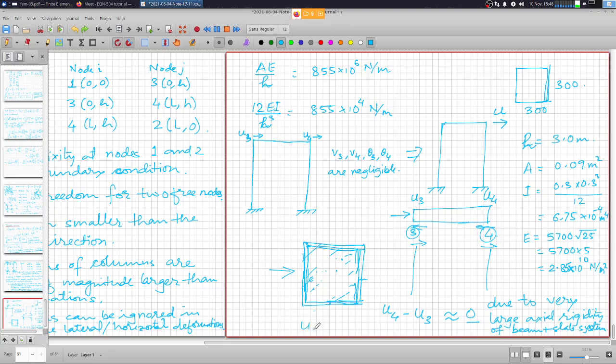So U3 is the same as U4 due to large axial rigidity of the beam slab system. So that is one thing.